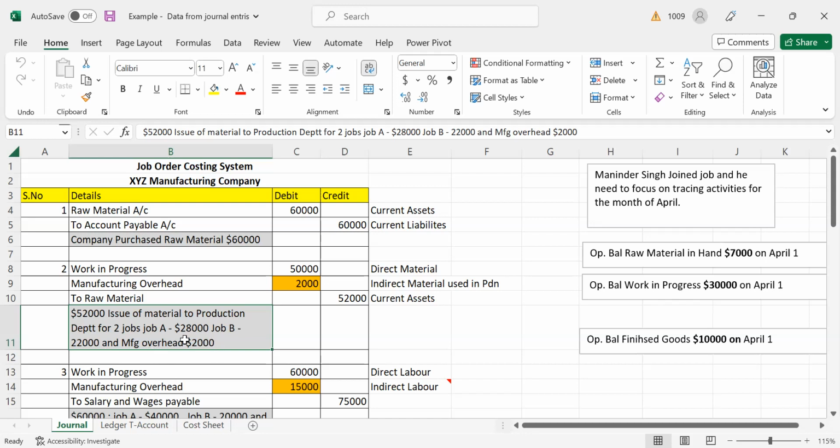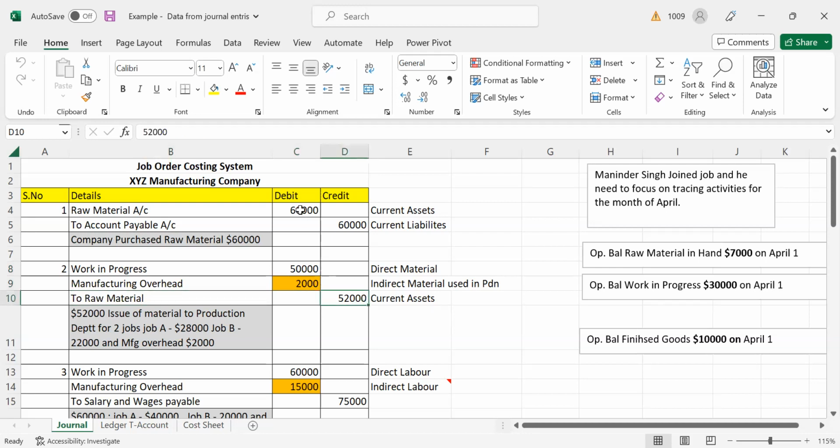So 28 plus 22 for both jobs, we can say work in progress is $50,000. The $52,000 of raw material is divided into two parts: $50,000 for both jobs, work in progress, and $2,000 manufacturing overhead, and raw material is credited.